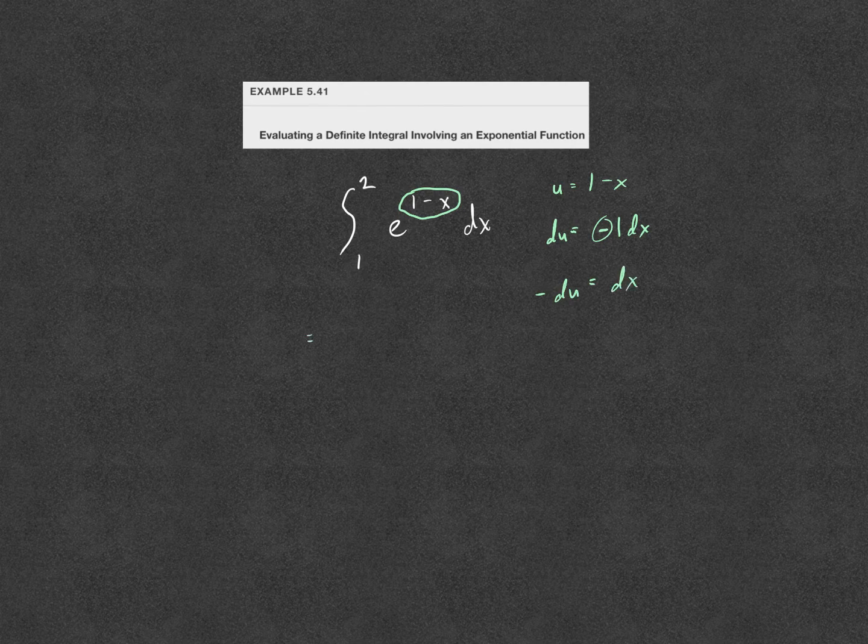Ultimately, what happens when we make our substitution is we factor a negative out in front of that integral. And what's inside is e to the u times du, because the 1 minus x became u, and then the dx became negative du. What do you do with the bounds? Do you remember from the last section? We need to find new bounds.